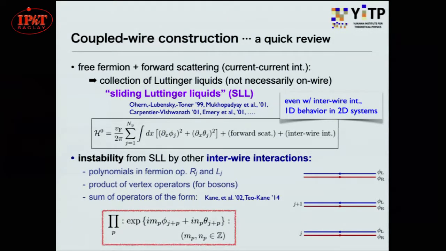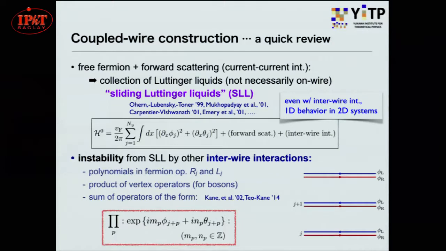Okay, so now we have a free fermion system. We start from the fermion system and add some forward scattering plus some interwire coupling. So up to free fermion plus forward scattering, what we get is a so-called sliding Luttinger liquid. Although we are dealing with a two-dimensional array of quantum wires, the system shows one-dimensional behavior.